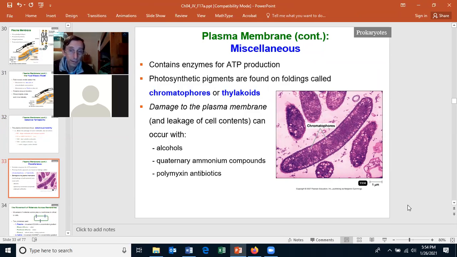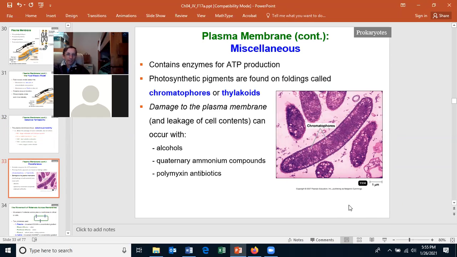In eukaryotes, the majority of the ATP is made in the mitochondria of cells. Well, bacteria don't have mitochondria to make ATP, and so the bacteria make their ATP in the cell membrane of the bacteria. Any question about that?